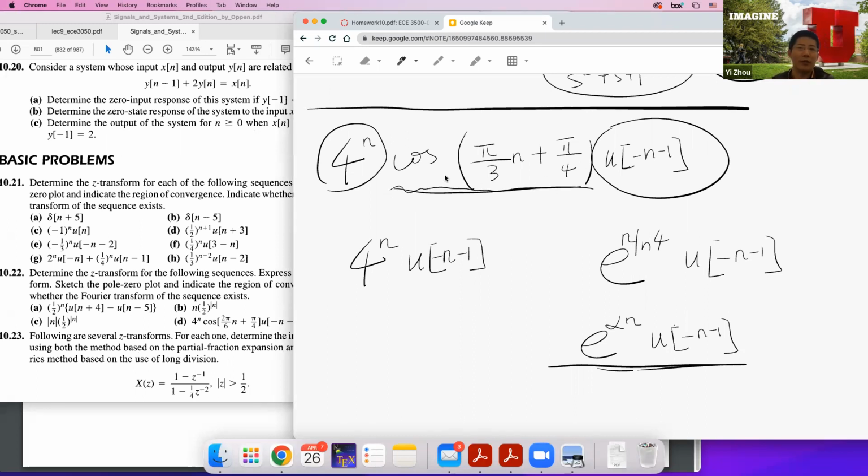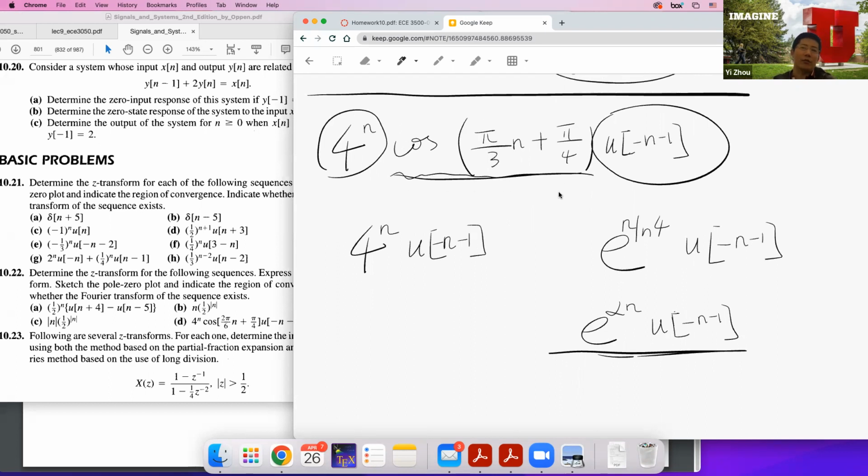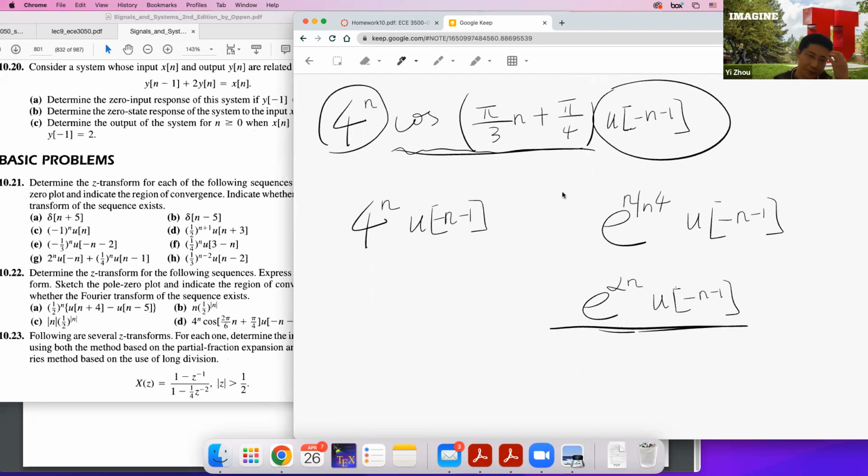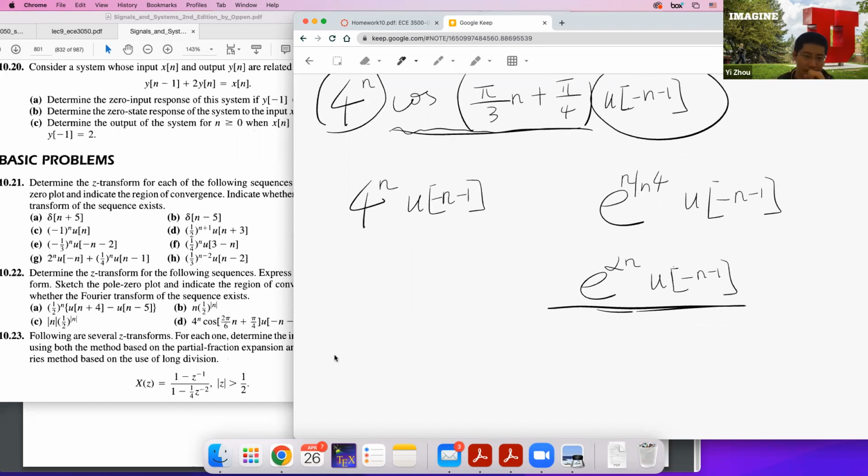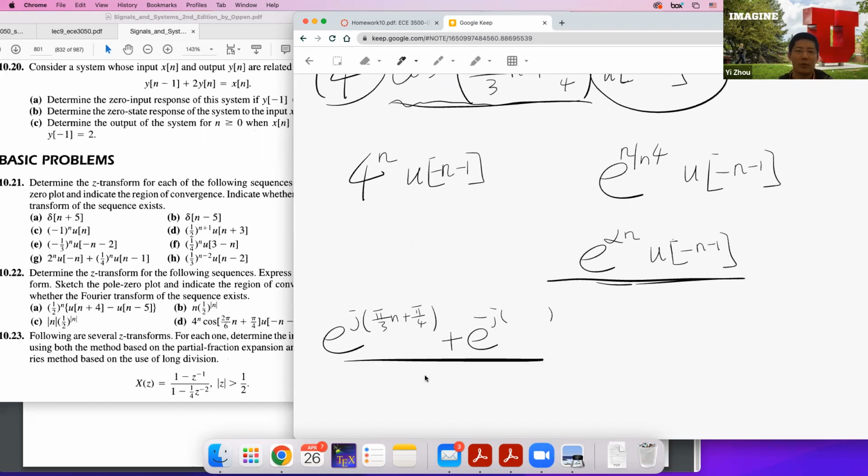Now this cosine, by the inverse Euler's formula, is e to the j something plus e to the negative j, same thing, divided by 2.